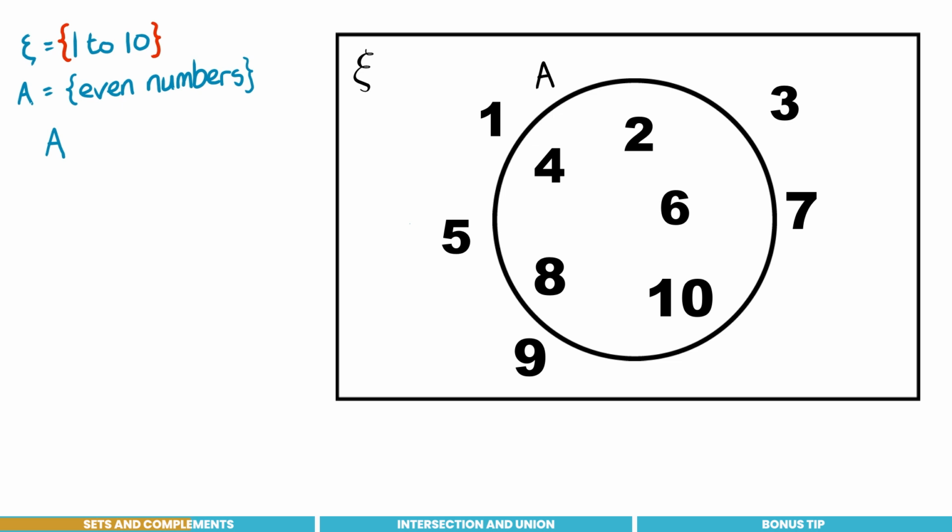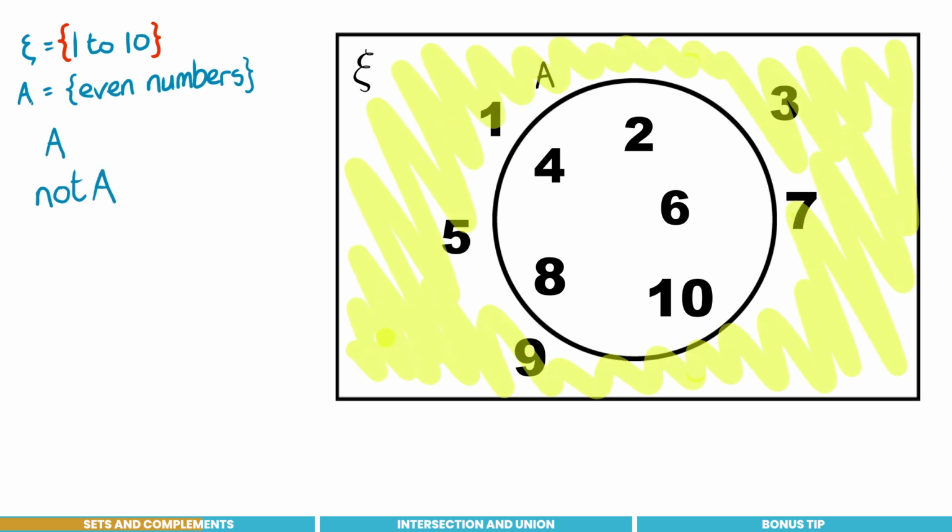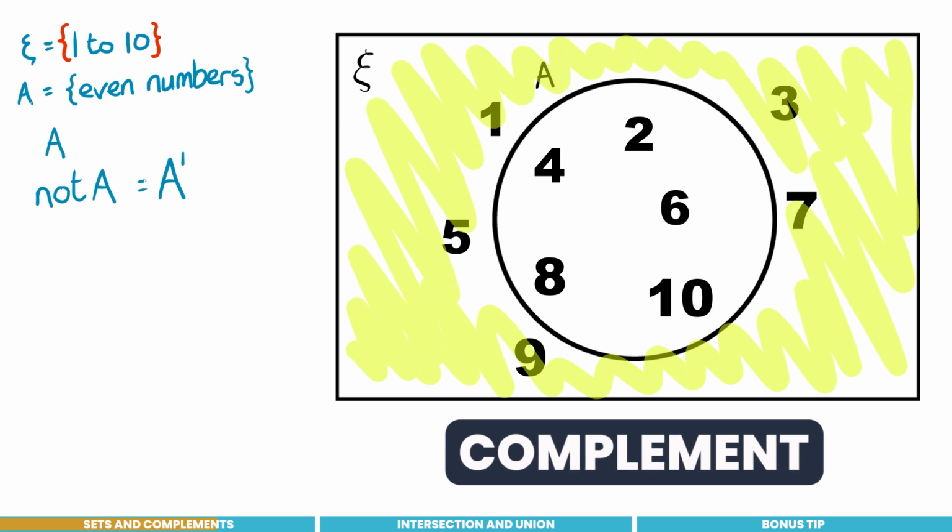All of the items outside the set A circle are therefore not even numbers, or not A. It's this area here. Rather than writing not A, we write A with a little stick or apostrophe like this, and this is known as the complement of A. I always think of it as A stick, to stick in the memory.